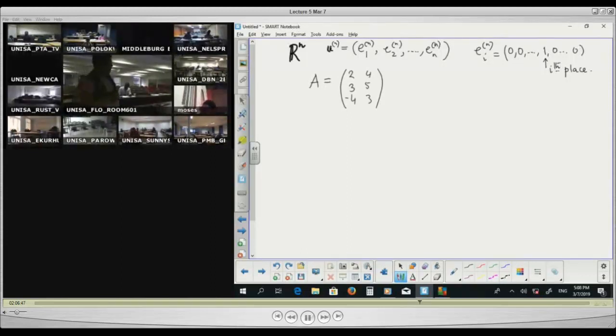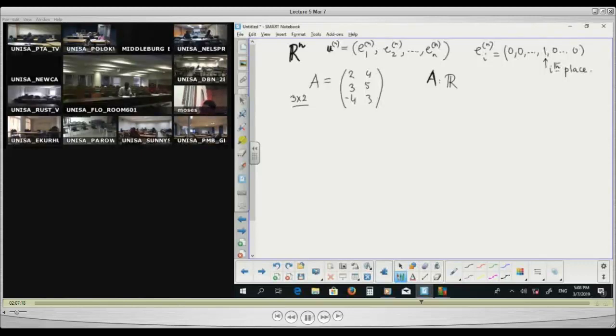I will give for this matrix a linear transformation, which I'm writing as bold A. This linear transformation is from R2 to R3.